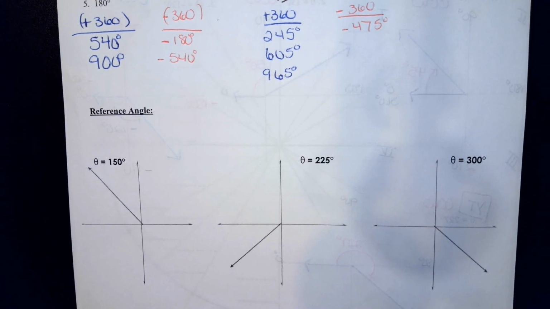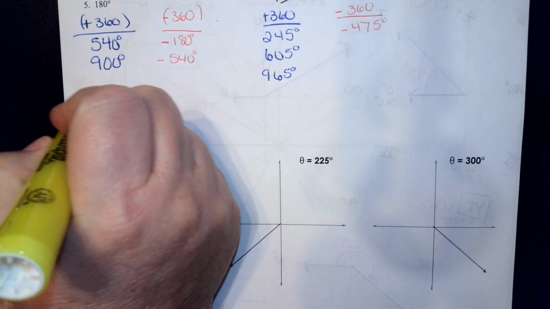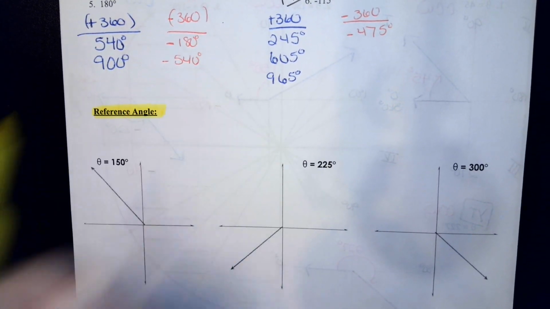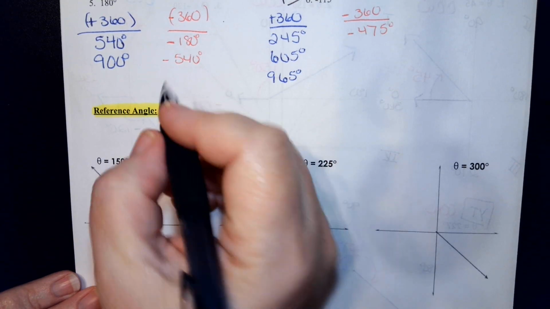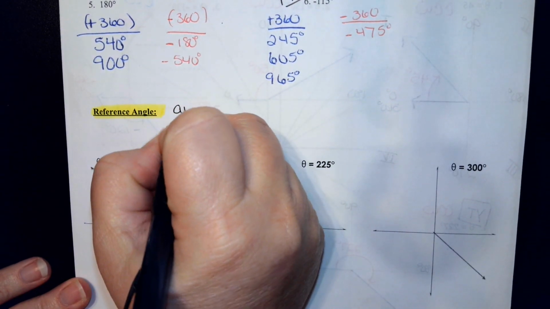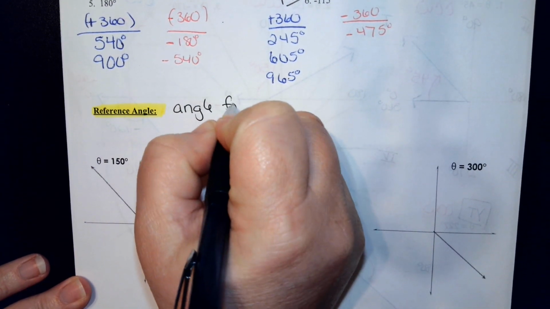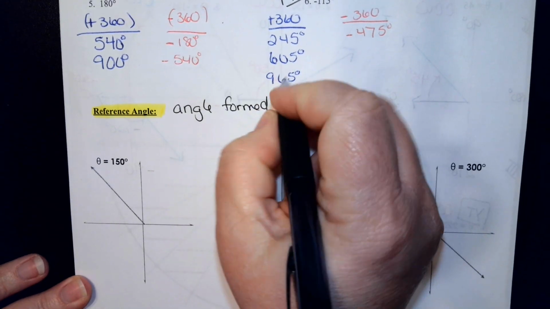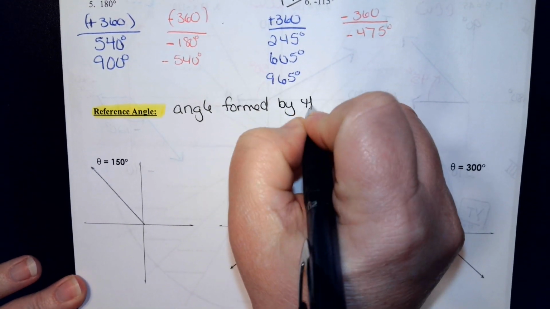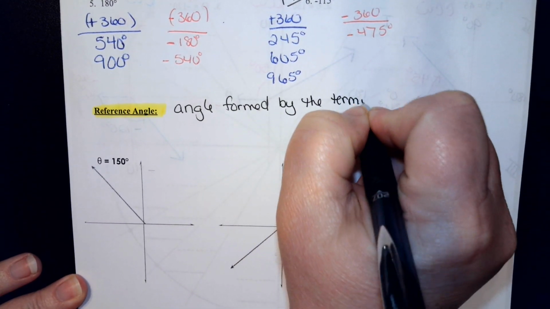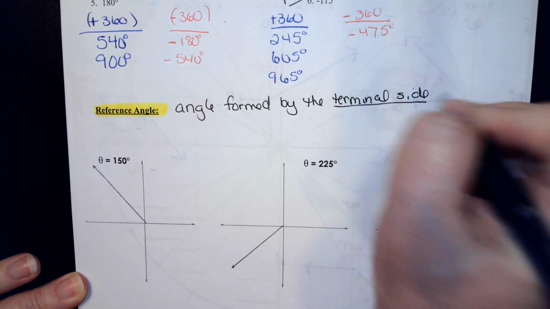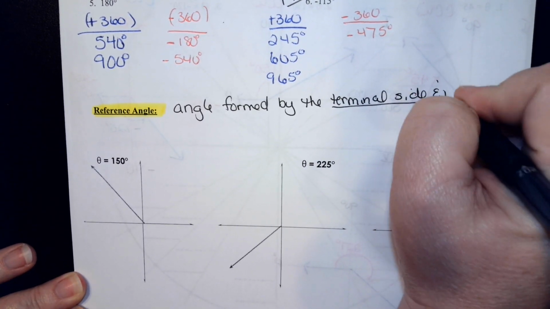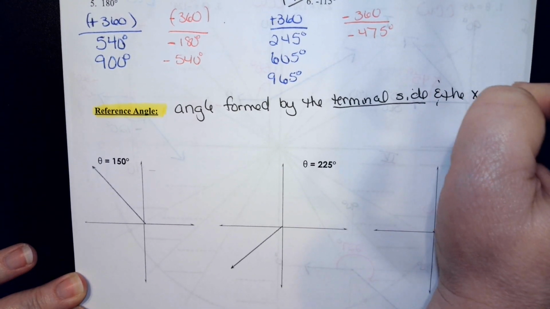All right. Our next vocabulary word is a reference angle. Now, I would say out of the vocabulary words that we've done so far, this is the one I see students struggle with the most. Okay. All right, a reference angle is simply an angle formed by the terminal side and the x-axis.